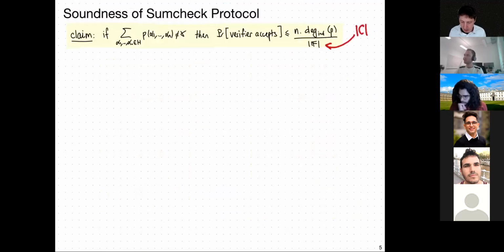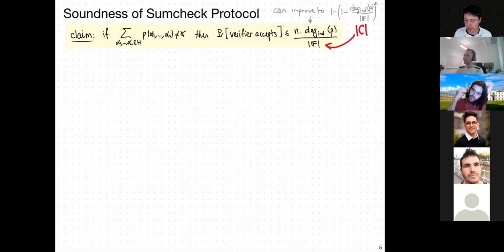So this is a pretty simple expression, and in fact it can be improved slightly. I forget if it's in the worksheet or not, but you can slightly improve the upper bound to something more accurate. This is an upper bound itself on this expression.